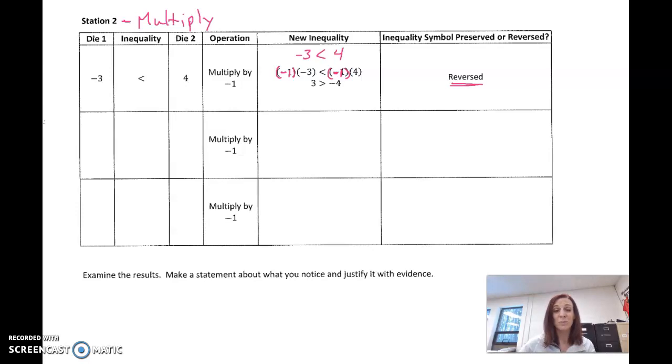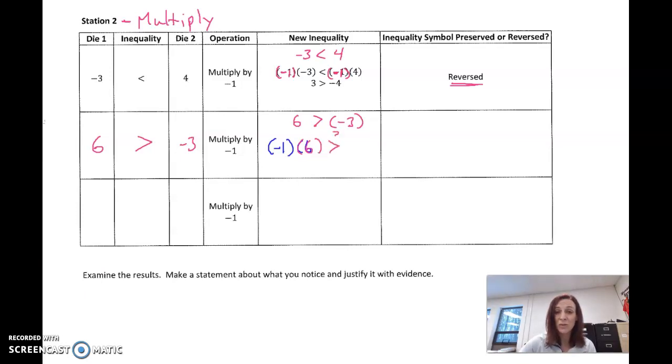So let's see if that holds true. Okay, so again, rolling some dice, I am going to get a 6 and a -3. So using a number line or knowing what I know about numbers, 6 is greater than -3. So what happens when we multiply each side by a -1? If I go -1 times my 6, keeping in mind that when we have the parentheses right next to each other, that means multiply.